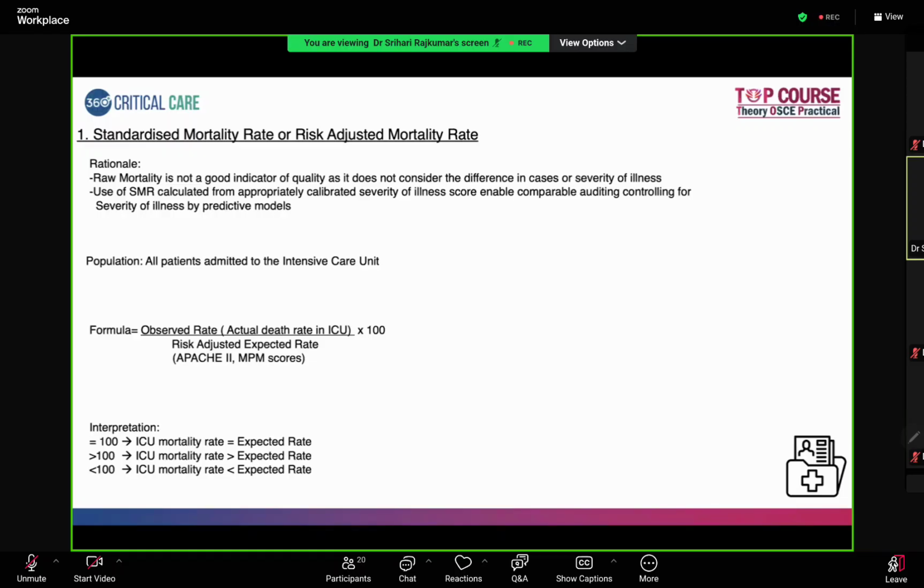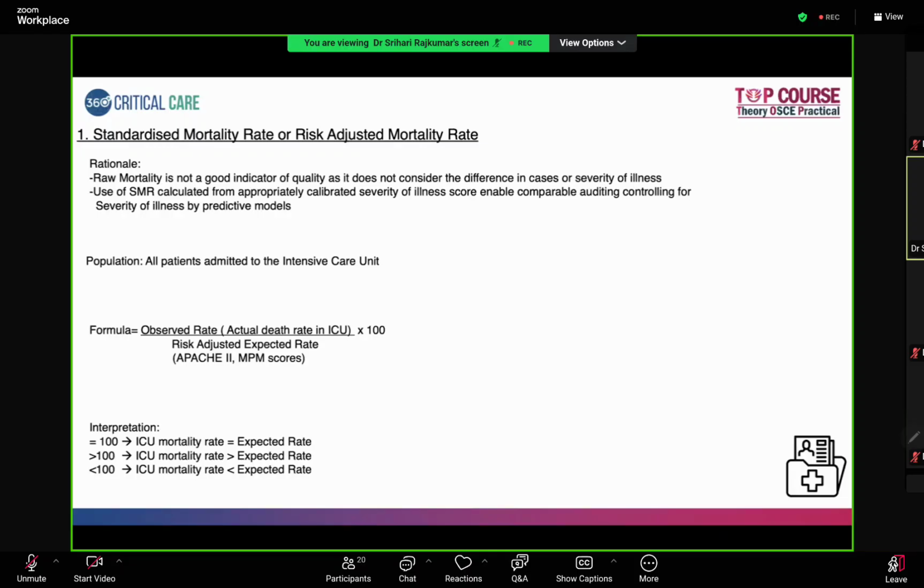But that may not reflect properly when you compare it with other hospital ICUs because there is no proper standardization; they may be receiving a different subset of patients, milder, less sick patients, so they may have better outcomes. That may actually cause a bias.